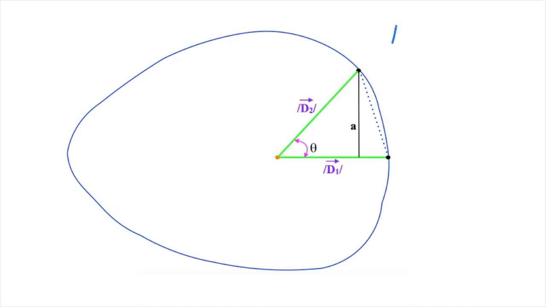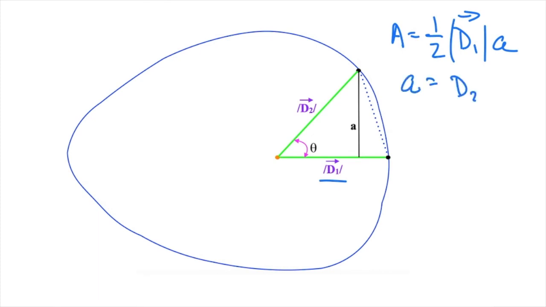So we could say that A, the area, equals 1/2 times d1, where d1 is the base, times a, where a is the altitude, and a equals d2 sine theta.